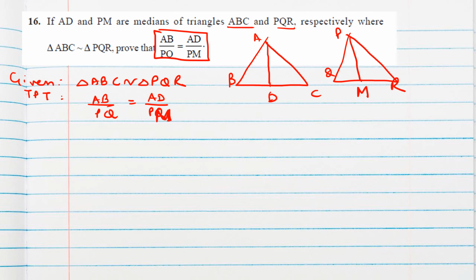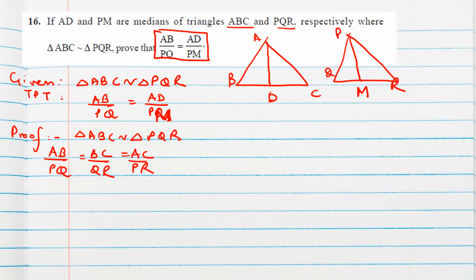many MCQ questions. Okay, so now we will start with the given thing. ABC is similar to PQR, given. So all three sides will be in ratio, AB by PQ, BC by QR, AC by PR, and all three angles will be equal. Okay.